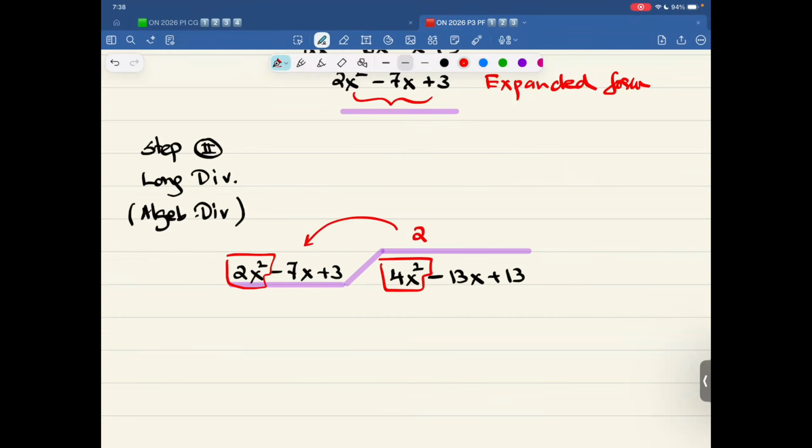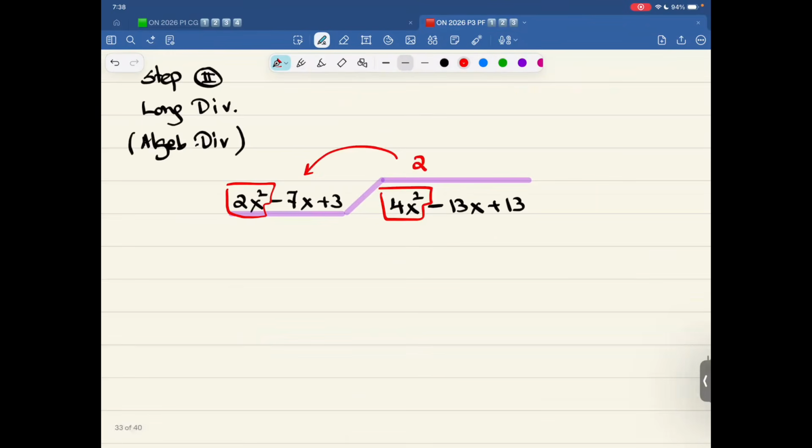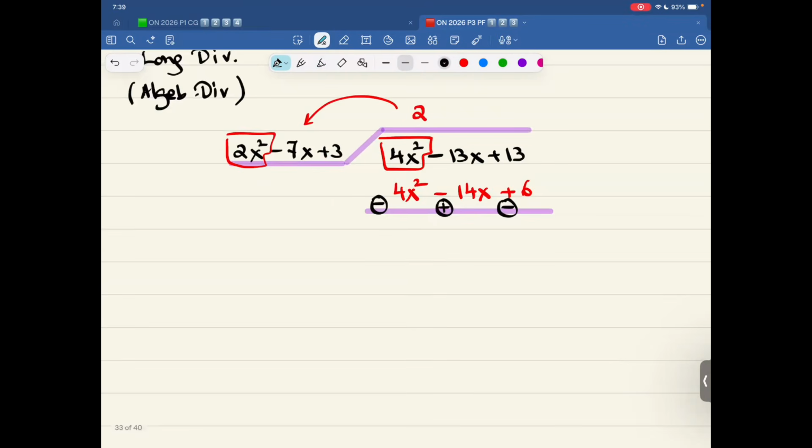Multiply with every single term of the divisor. 2 into 2 is 4x squared, 2 into negative 7x is negative 14x, 2 into 3 is 6. Draw a line, change the sign and add. Naturally, the x squared term cancels out. Negative 13 plus 14 is 1, which is x. And 13 minus 6 is plus 7.